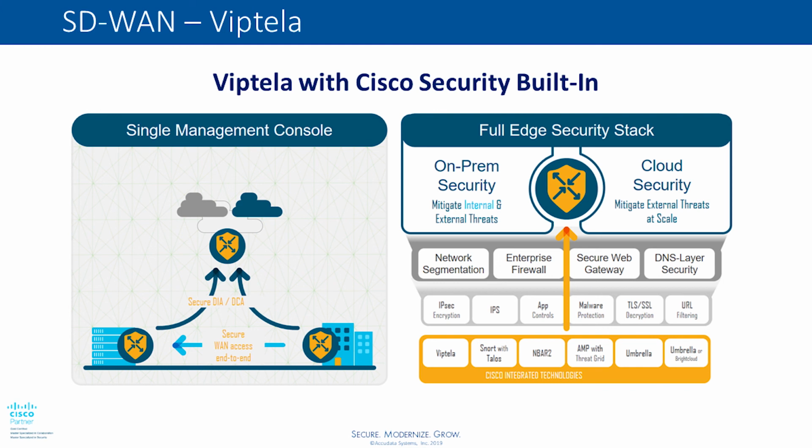So any site or any appliance that you have integrated into your SD-WAN network will be protected by a full edge security stack that could be on-prem security or even cloud security to add network segmentation, enterprise firewall, secure web gateway, and DNS layer security.